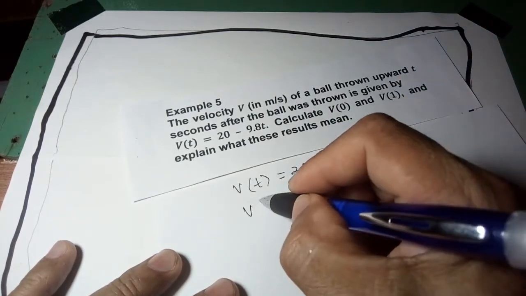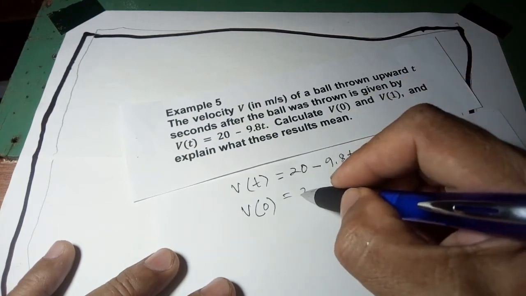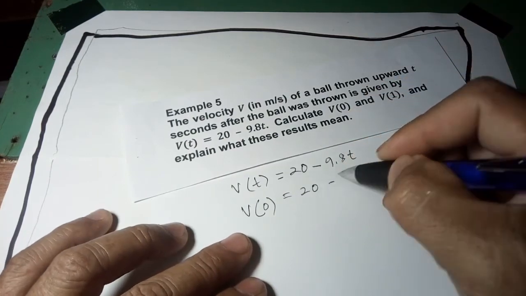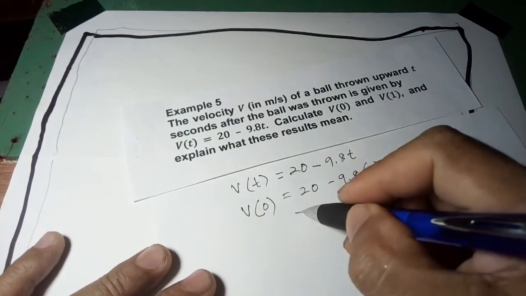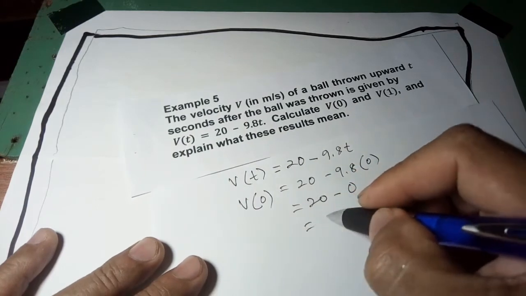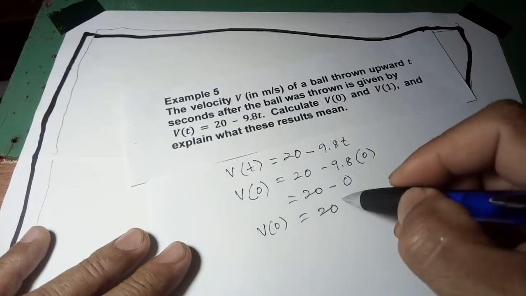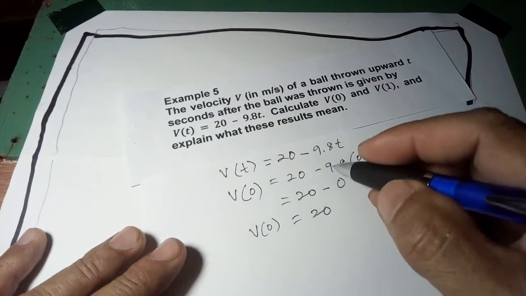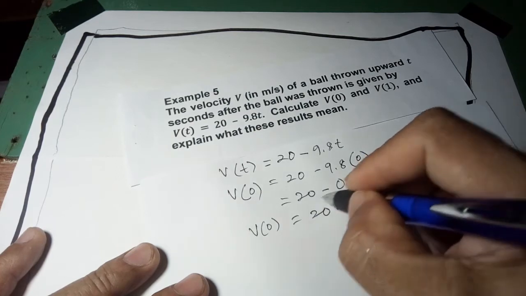When time is 0, so substitute t equals 0. 20 minus 9.8 times t, where t is 0, so this is 20 minus 0. So that is 20. At time 0, the speed is 20 meters per second.